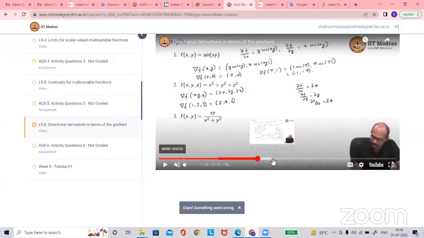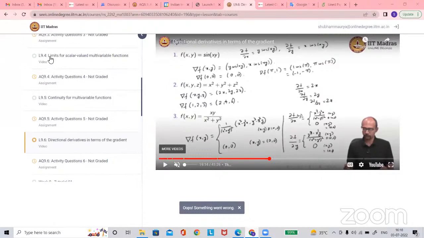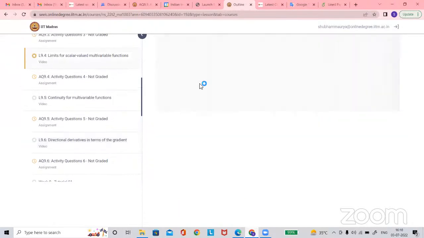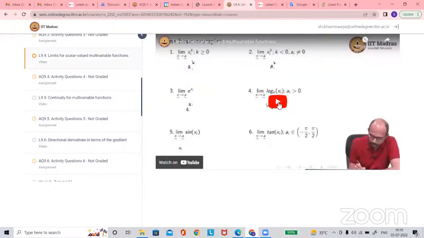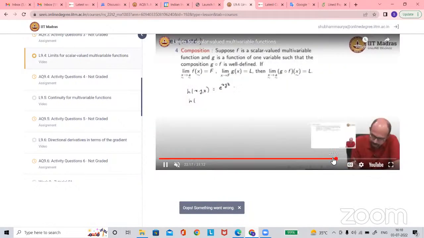Could you please do an example of what sir taught in the video, I think 9.4? Directional derivatives, product rule, and the quotient rule. After the quotient rule, he gave 3 examples.